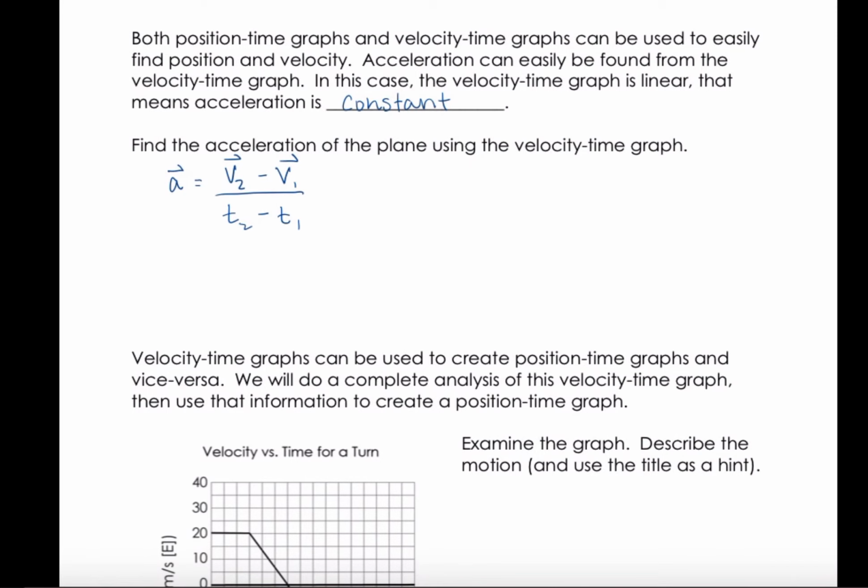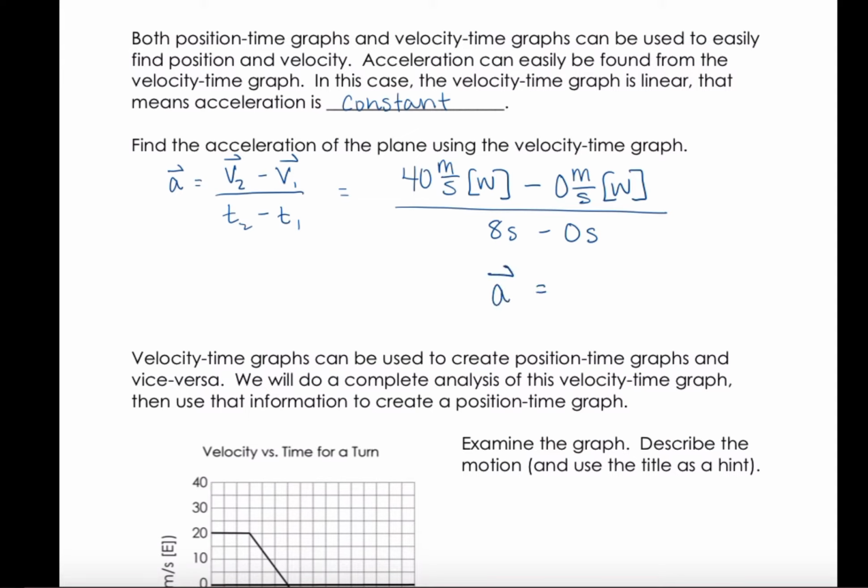So our v2 is 40 meters per second west. Our initial velocity, v1, was 0 meters per second west. And then our time is going to be 8 seconds minus 0 seconds. So we should find that our acceleration is 5 meters per second squared west.